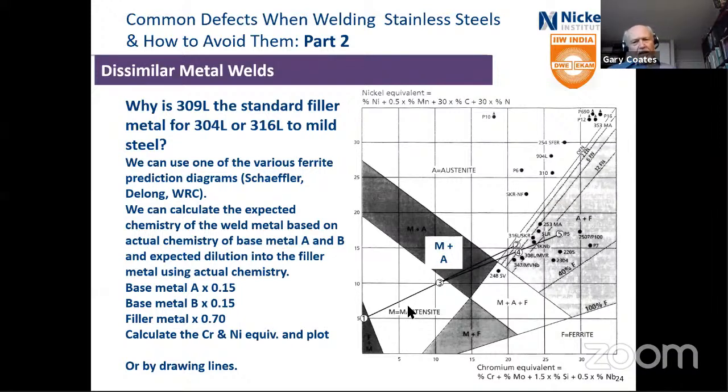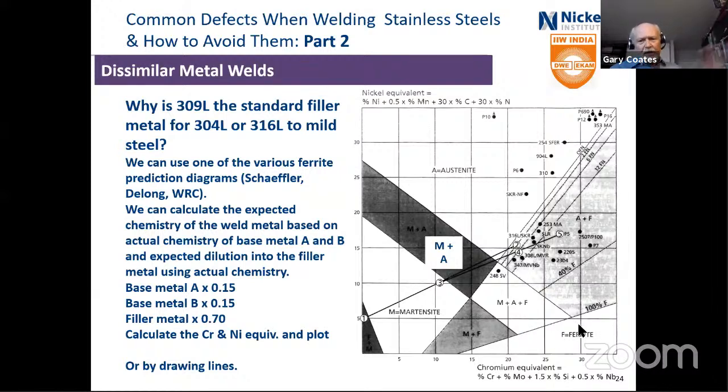M is for martensite. Martensite is hard and brittle, can lead to cracking. You've got an area here that is both martensite and austenite, and that's not as bad as the pure martensite. You've got to avoid this one at any cost. And then you have areas where you have martensite, austenite, and ferrite, which again is not a good area to be.